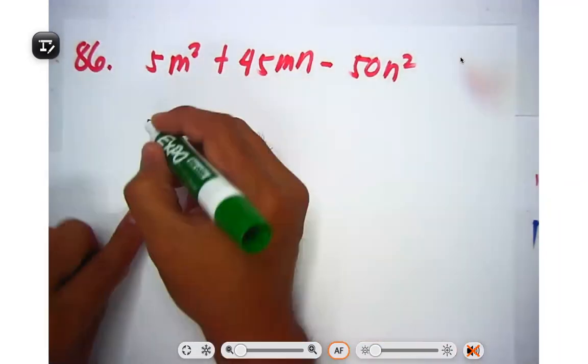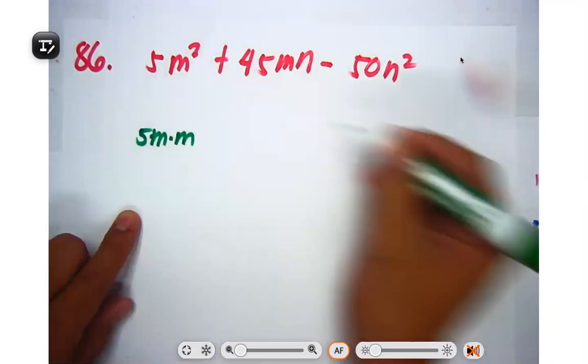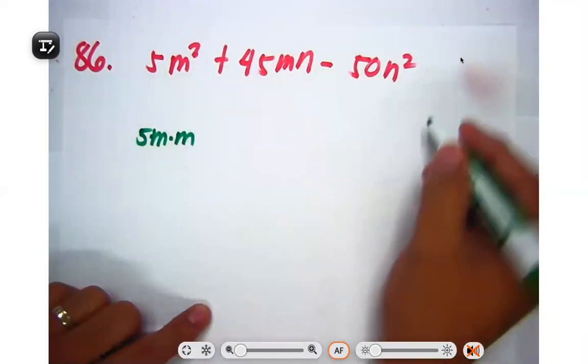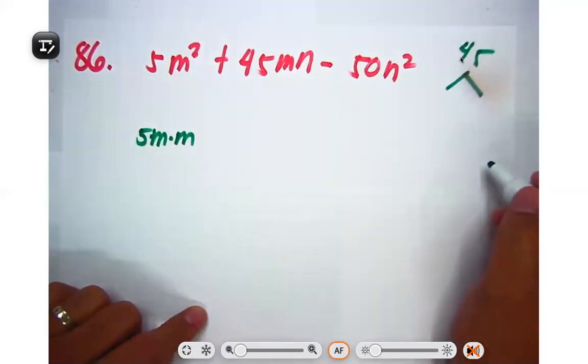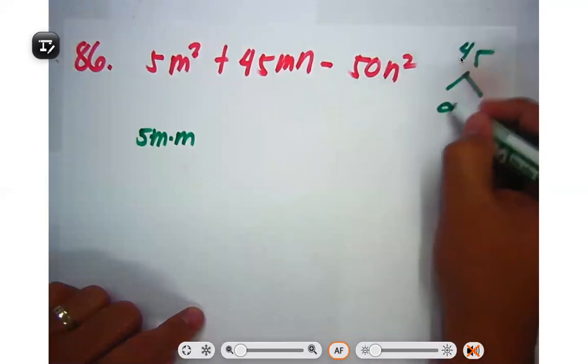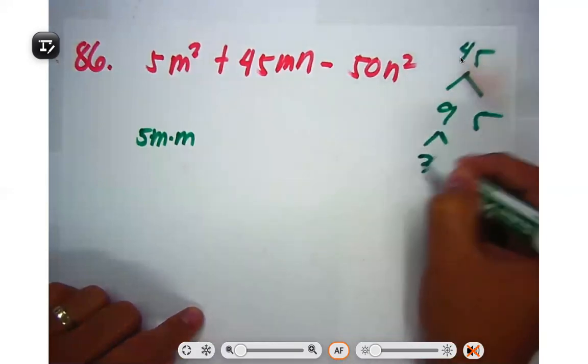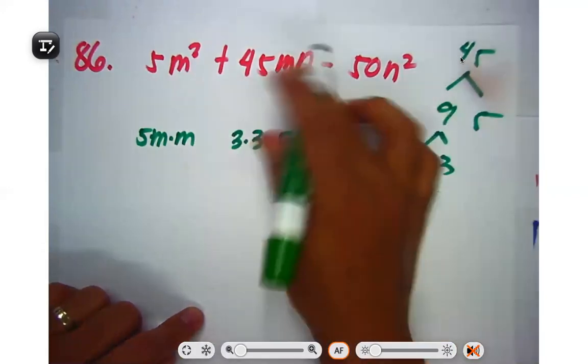5m squared. You have 5 times m squared, right? How about 45? For 45, you can start by looking for numbers whose product is 45. You have 9 and 5. 9, you have 3 times 3. So we have 3, 3, 5.